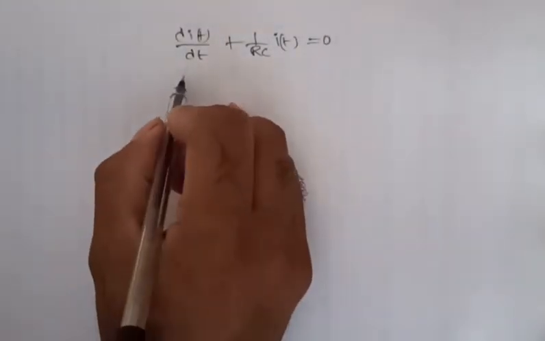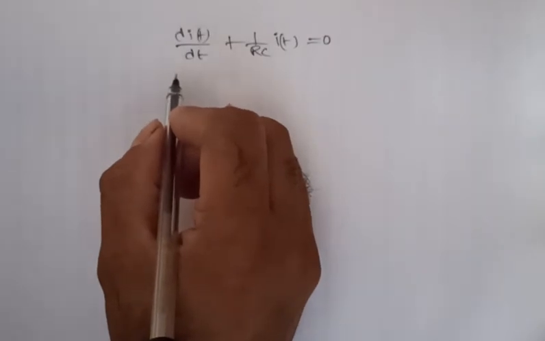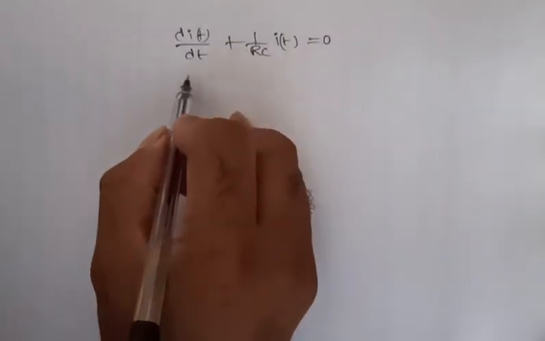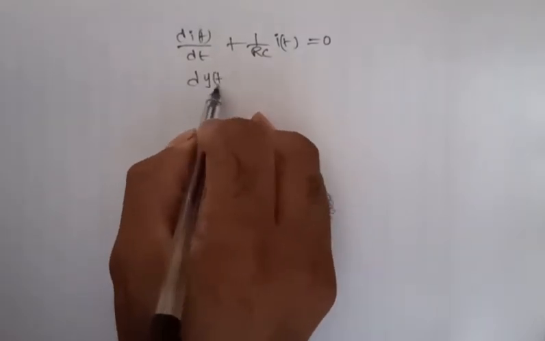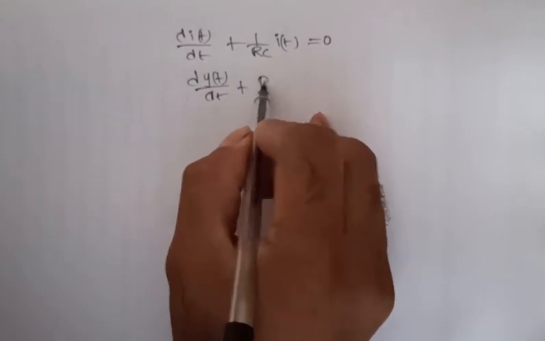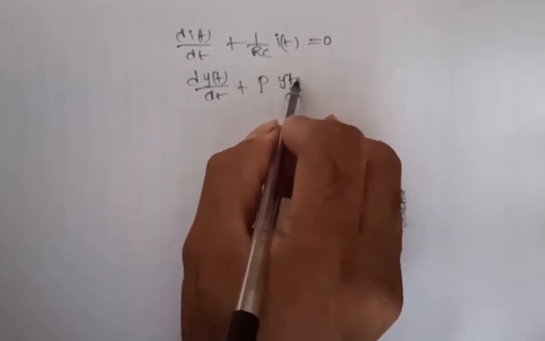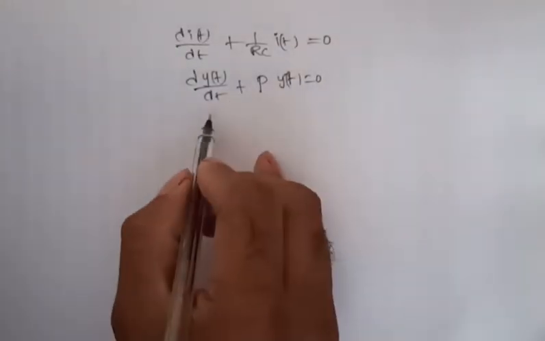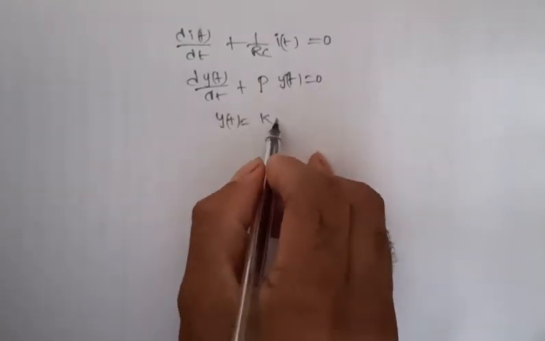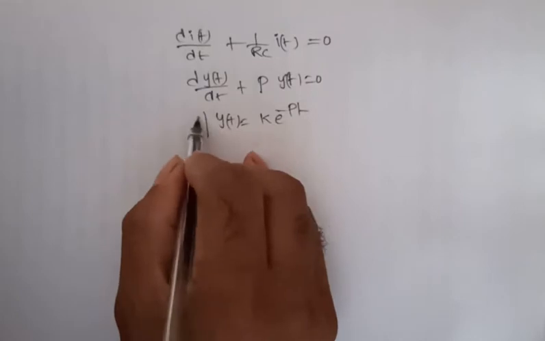So we know that in last class we discussed the differential form of homogeneous and non-homogeneous equation, and we know that dy(t) by dt plus some p into y(t) is equal to 0. The solution is y(t) equal to k into e power minus pt.